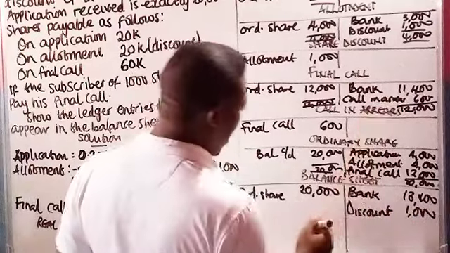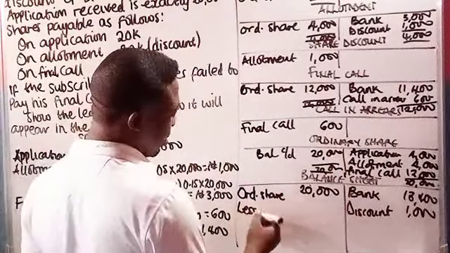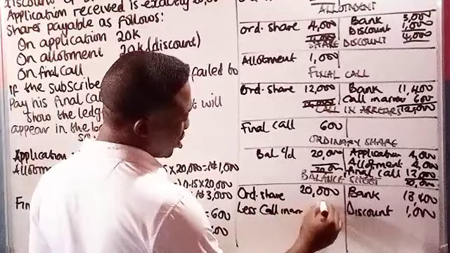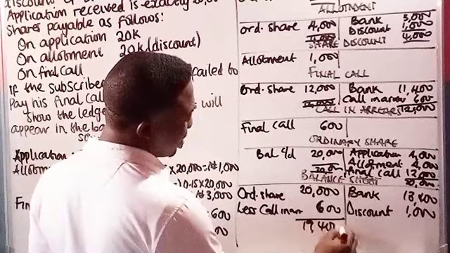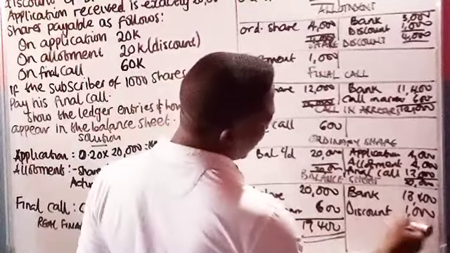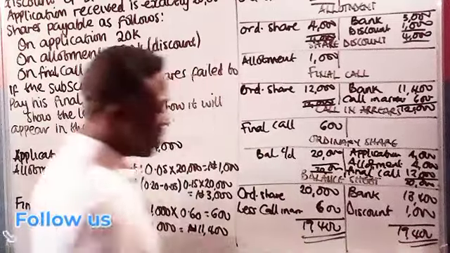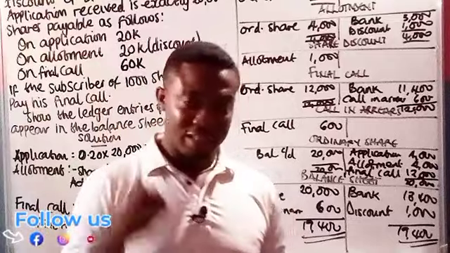Now we'll say less call in arrears, which is 600. So 20,000 minus 600 will give us 19,400, and 18,400 plus 1,000 will give us 19,400.